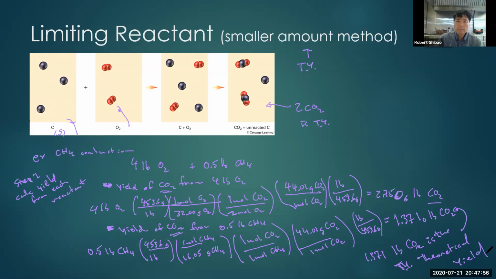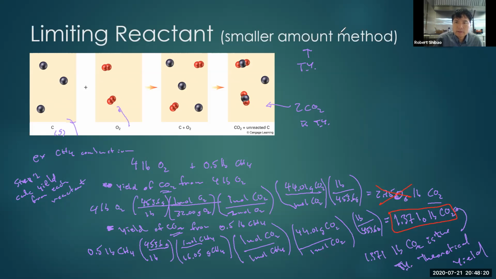And so, in other words, it's impossible to form this amount. The bigger amount is impossible. It's going to be the smaller amount here. This is the yield from carbon here, 3 CO2s, but we can't form 3 CO2s because we're limited by O2.